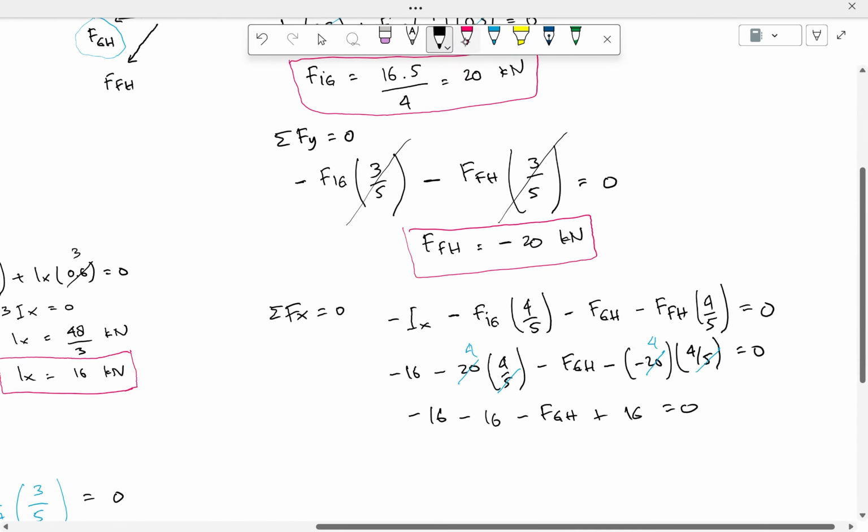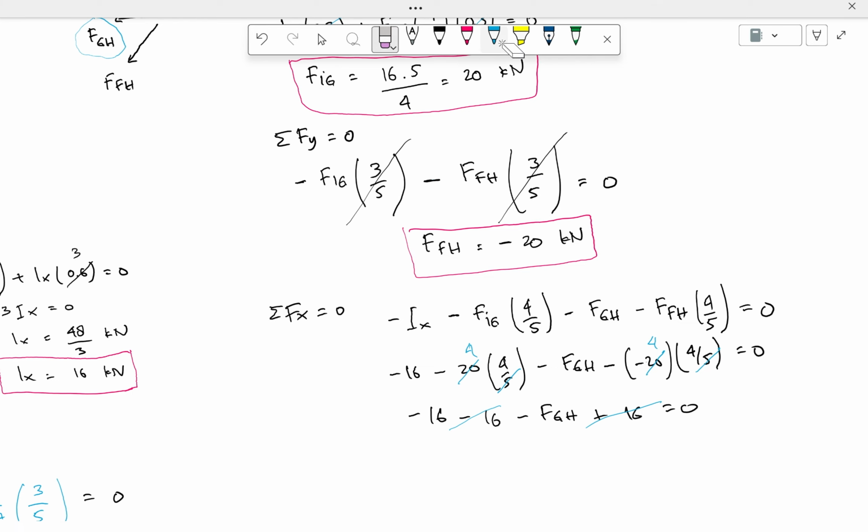So this cancels. So FGH, oops, sorry. Let's make it black. FGH equals minus 16 kilonewton. So again, FGH is in compression. Okay, so this is what you are looking for from the second section.